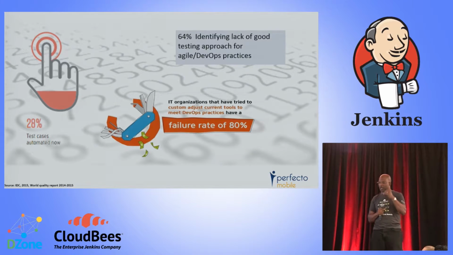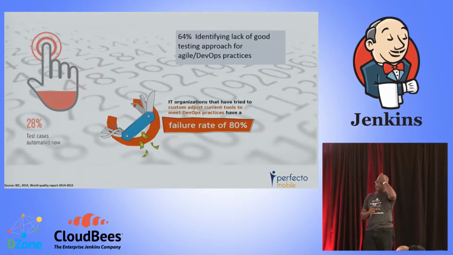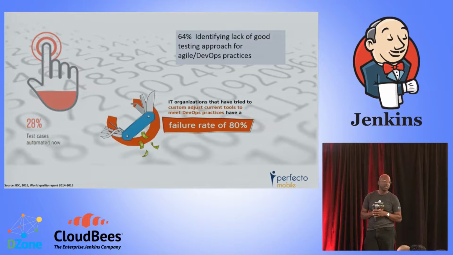One of the things that we look at is really the state of automation today. I was with an organization yesterday, as I mentioned, and they have about a 12% automation rate.